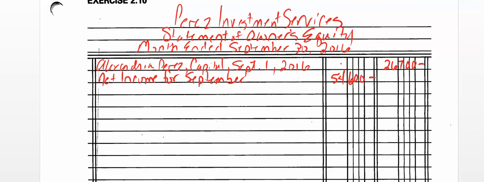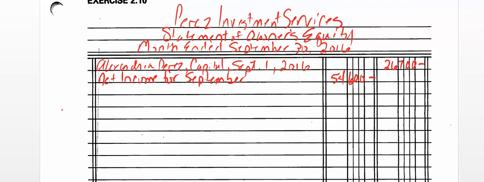We will subtract from that if there were any withdrawals taken from the capital account. And if you look at the second column of information in exercise 2.8, you can see that the owner took a withdrawal of $9,000. Now, withdrawal is like the owner taking money to live on, for example. So an owner of a business can't just write a check to pay for their home rent or their home mortgage or their groceries.